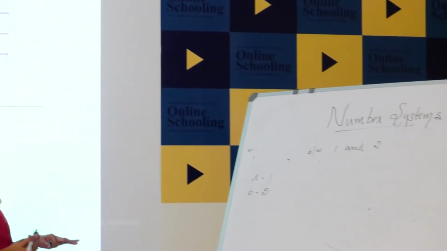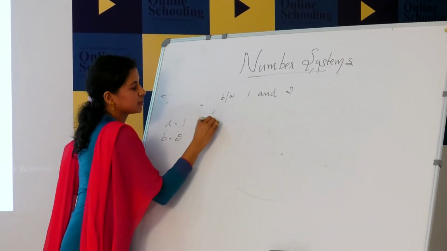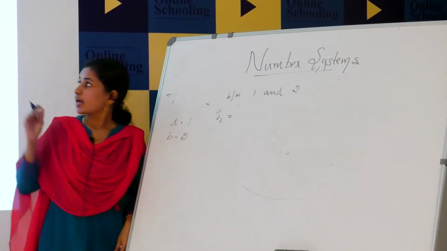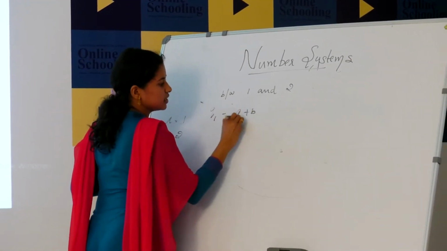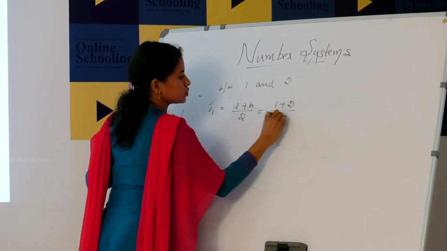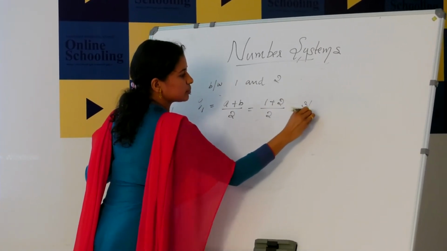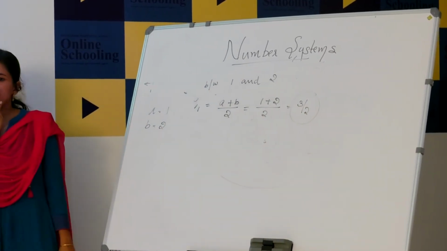By the mean method, first I find Q1 is equal to A plus B by 2, which is equal to 1 plus 2 by 2, which is equal to 3 by 2. Here is the first rational number.